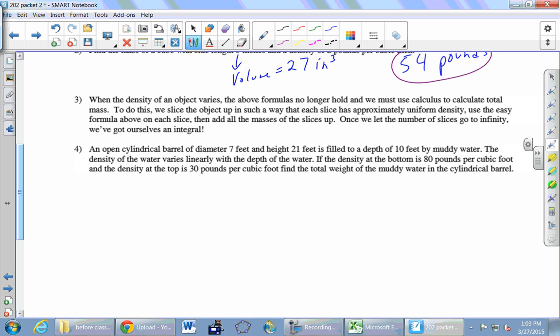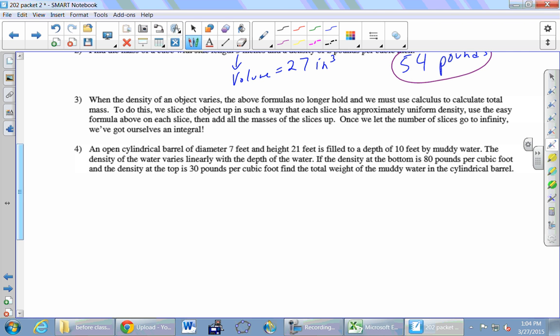Cooper. So suppose that cube right there, which had a uniform density in the previous problem, no longer has a uniform density, but rather it's more dense to the left of the cube and less dense to the right of the cube.